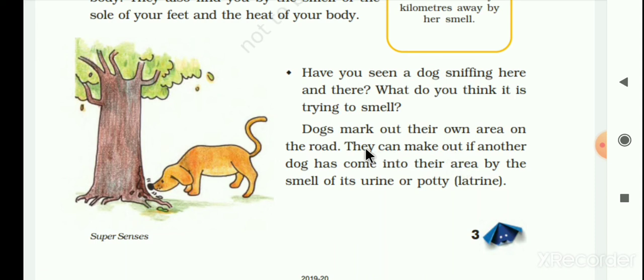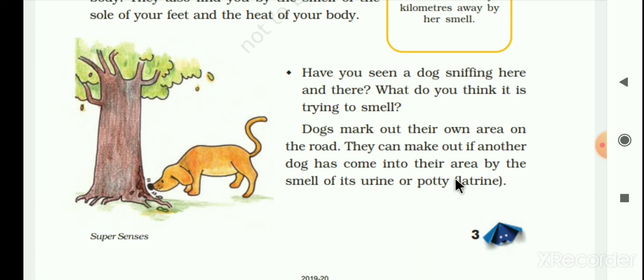So they can make out if another dog has come into their area by the smell of its urine or potty. By the smell of the urine and potty, they come to know that someone else, a dog from another area, has come to my area, right?